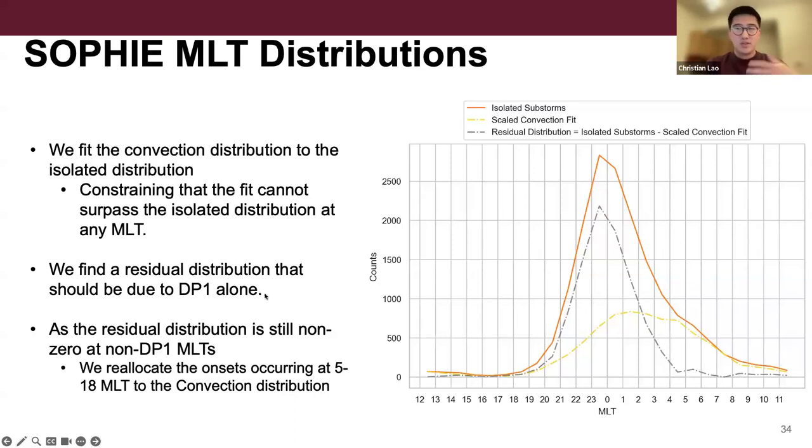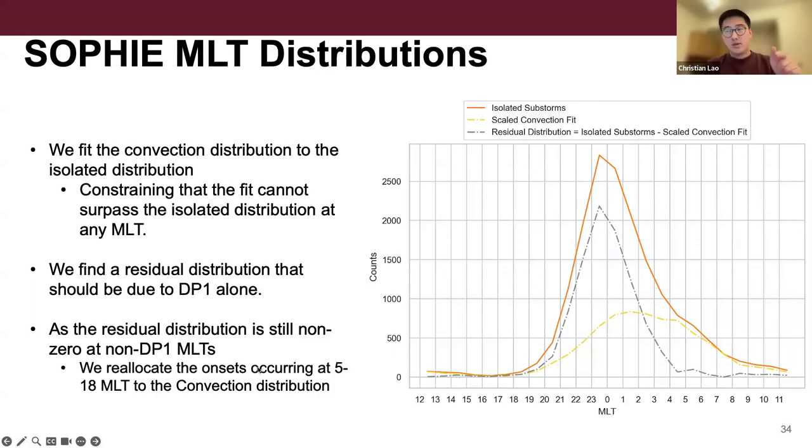And we argue that this is due to DP1 alone, since you've taken out the DP2 contribution. However, you can spot that the residual distribution is still non-zero at non-DP1 MLTs. So you can see it's non-zero at 5, and also there's a small bump here at 14 MLT.